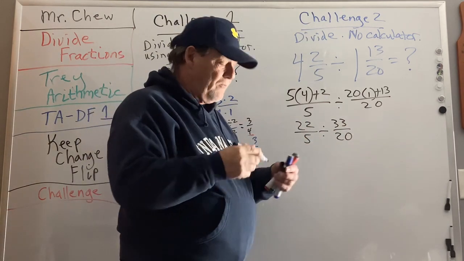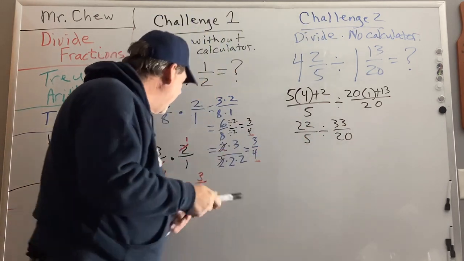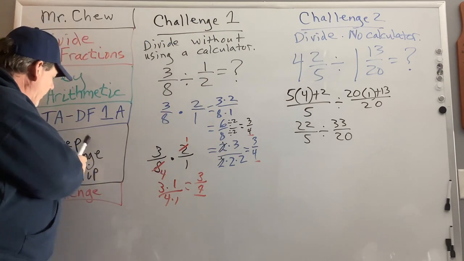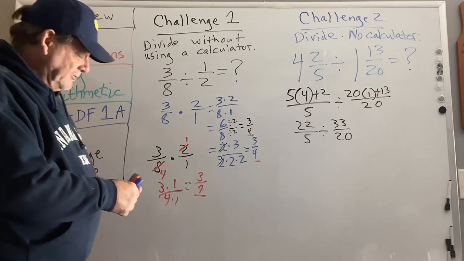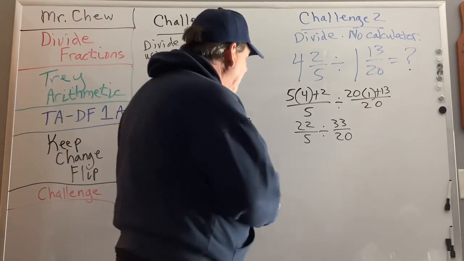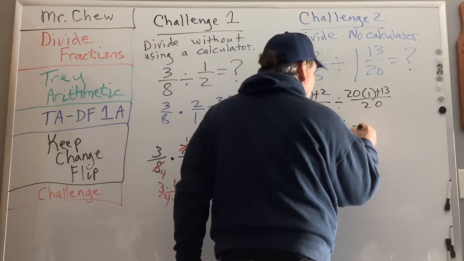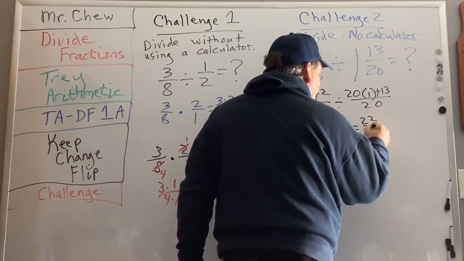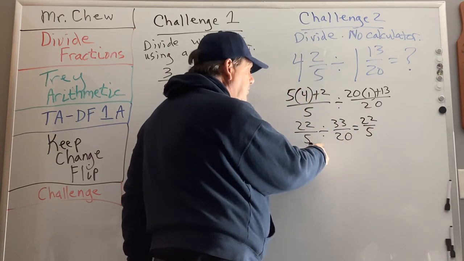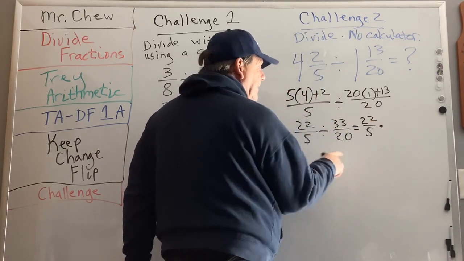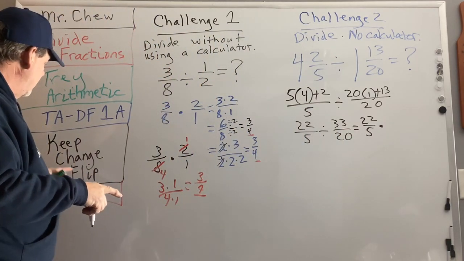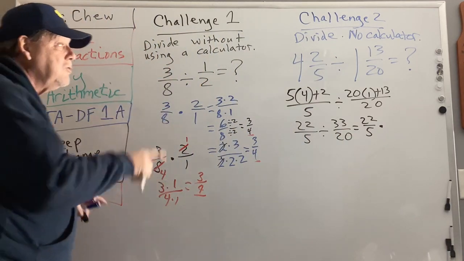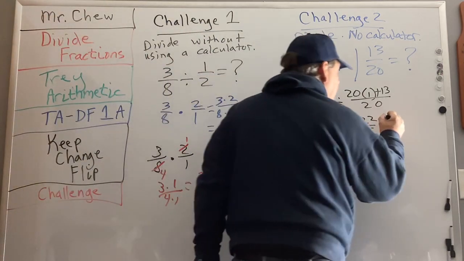Those are both improper fractions. Now we come over here and say, well, what do we do? We're going to keep, change, and flip. So I keep the first one, 22 over 5. I change division to multiplication, and then flip this, which means you write the reciprocal, 20 over 33.